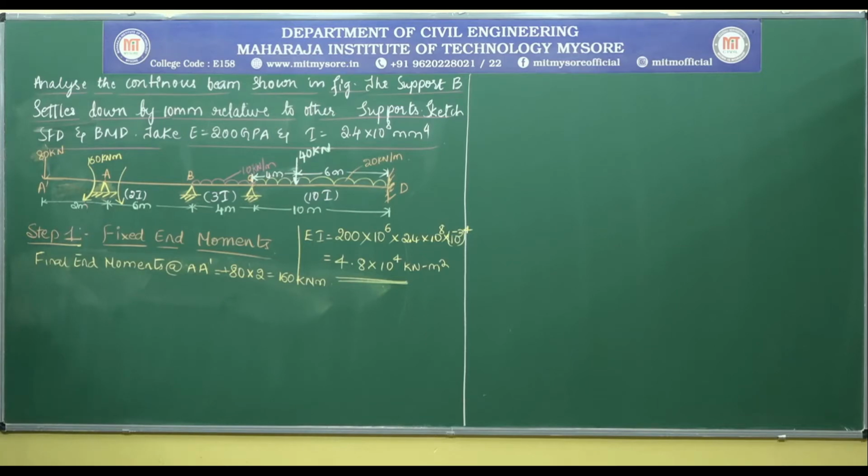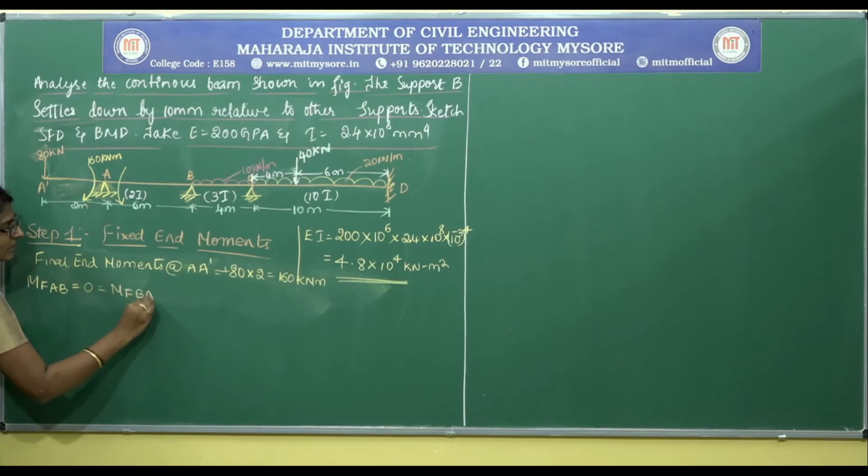Next, we will go for the calculation of the fixed end moments for each span. So for span AB, MFAB is 0, which is equal to MFBA, since there is no extra load acting on the span AB.